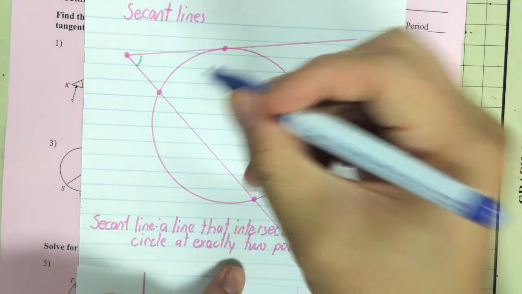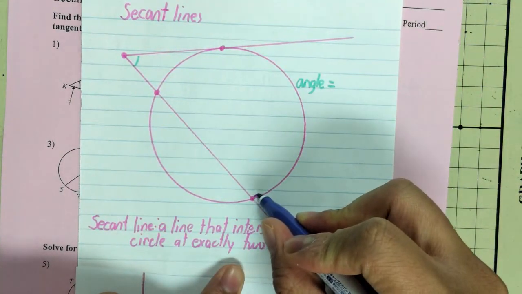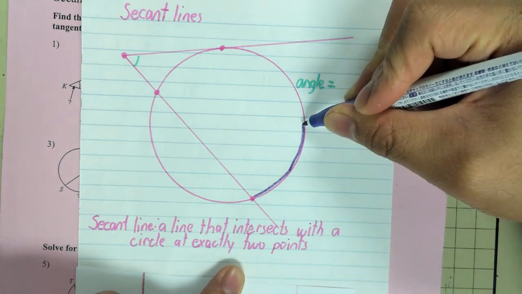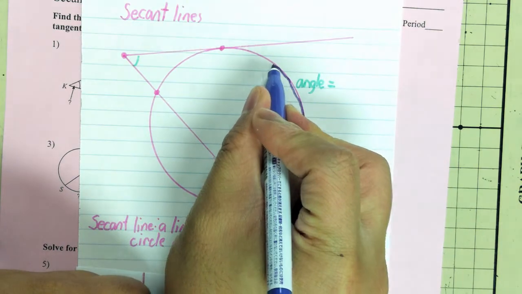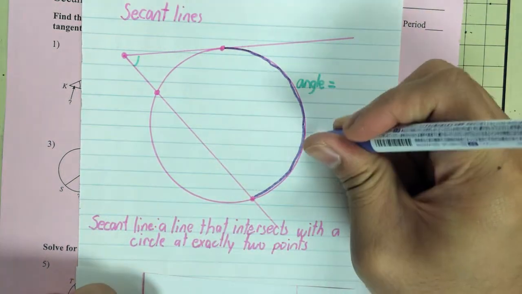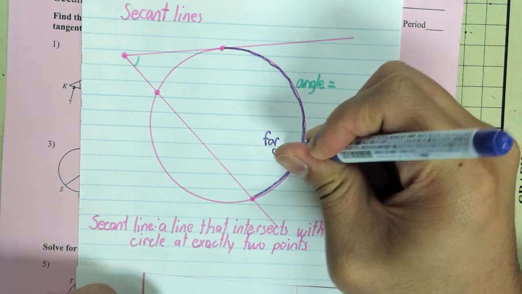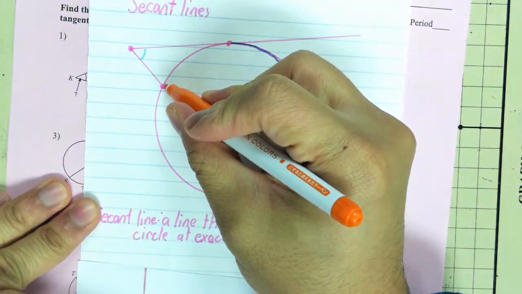Angle equals, over here, let's call this part my far arc, and this part is my near arc.